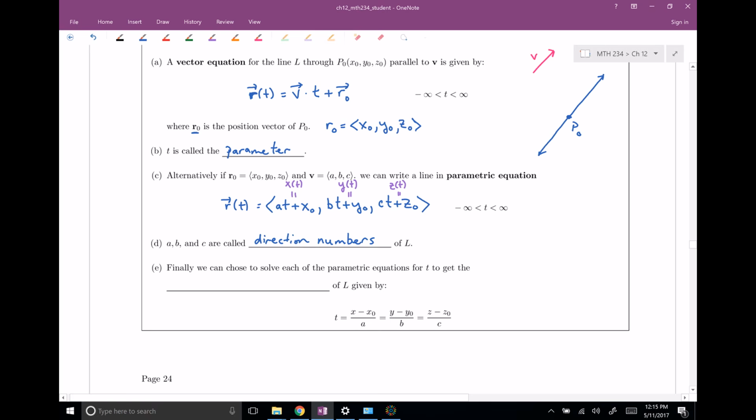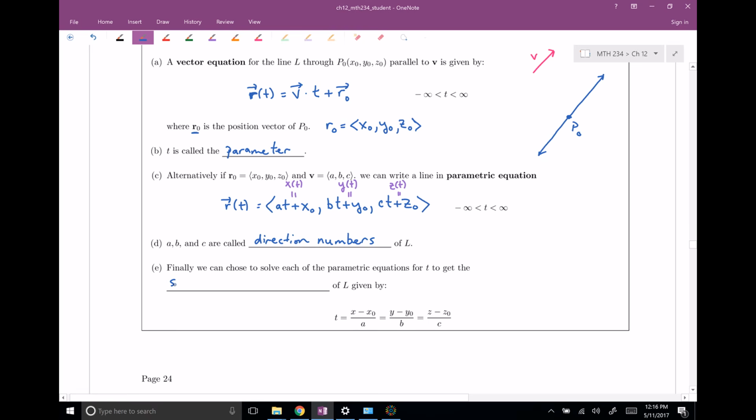We can actually take these things and solve each one for t if you would like. If you do that, then you get t is equal to x minus x naught over a, t is equal to y minus y naught over b, and t is equal to z minus z naught over c. So if you take each one of these and solve for t, that's what you're going to get.